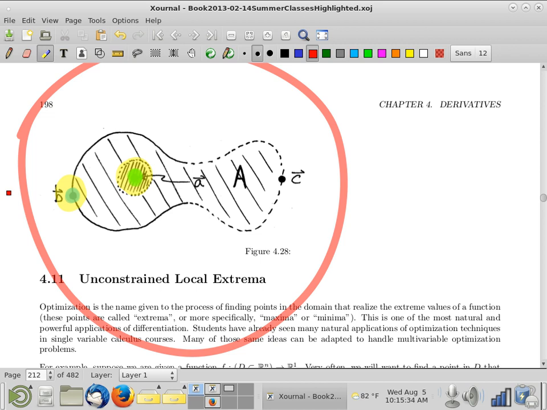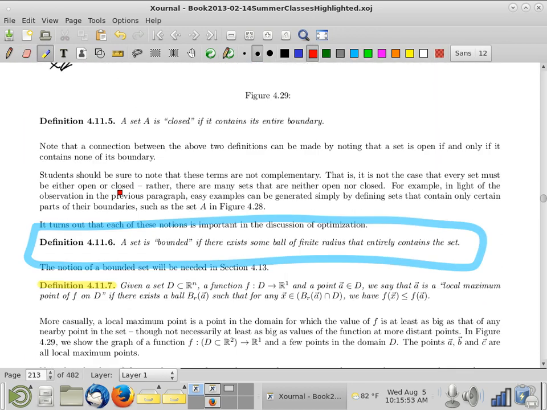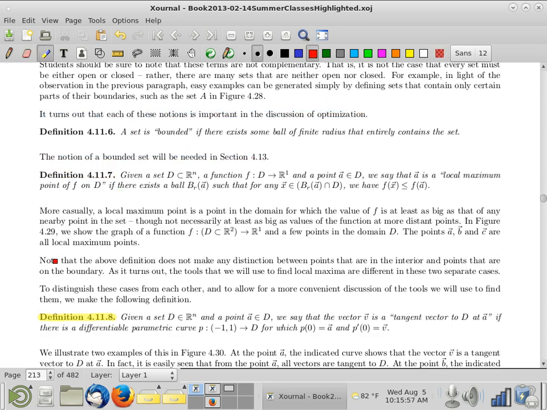There is no ball big enough to contain the entire XY plane. Ditto the first quadrant of R2, the first quadrant of the XY plane. It's just too big. You can't make a ball that contains all of it. Okay. Right, so now let's talk about what is a local maximum point.